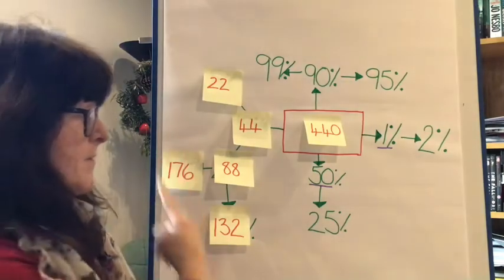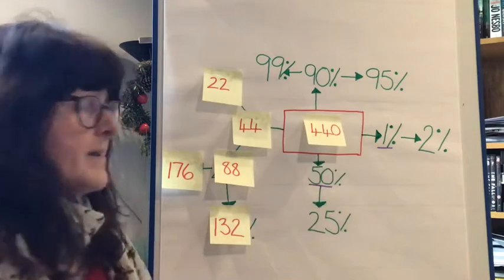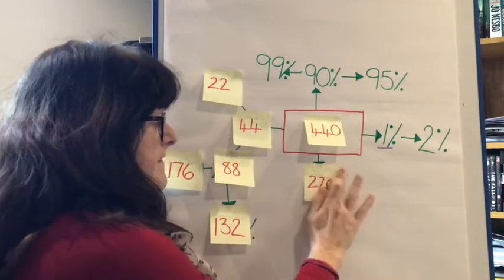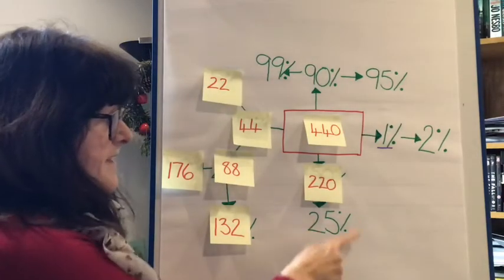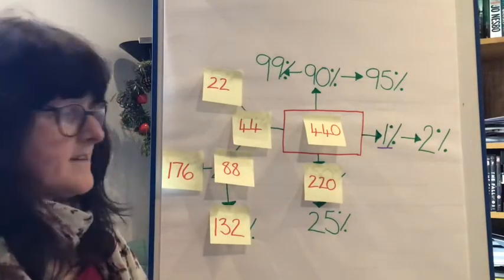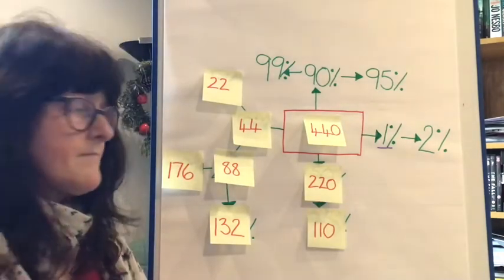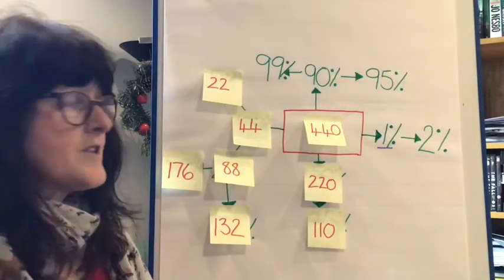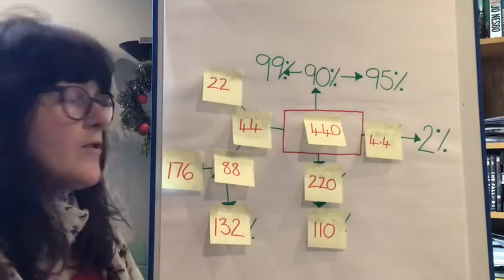Now to get 30%, I'm going to add 10% and 20%, which comes to 132. Moving round, I have 50% here. I just simply need to halve 440. Get 220, and if I want 25%, that's going to be half of 50%, which will be 110. Over to 1%, so I need to divide 440 by 100, which brings me to 4.4.